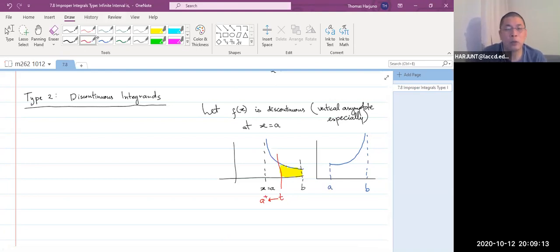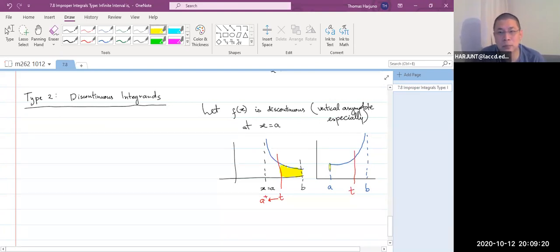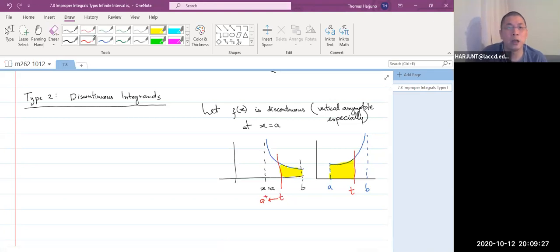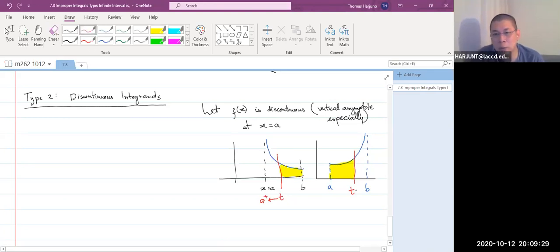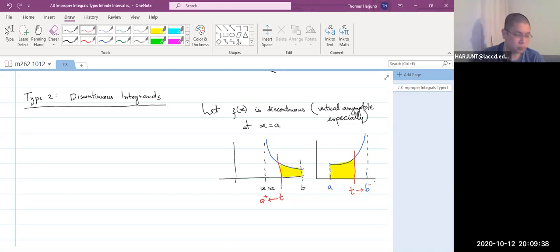Then what we will do is integral from a to t, and then I push that t approaching b from the left-hand side. Okay, that's the plan.